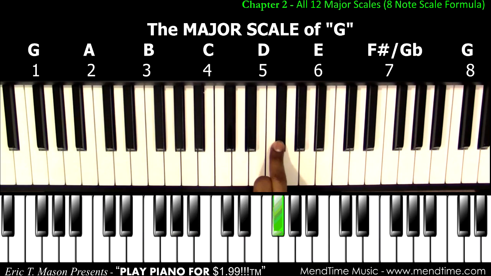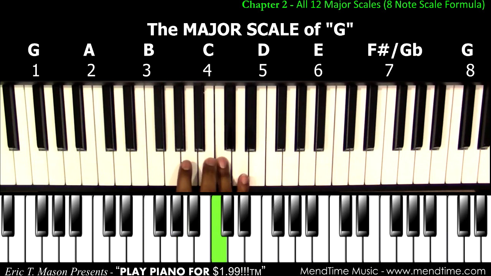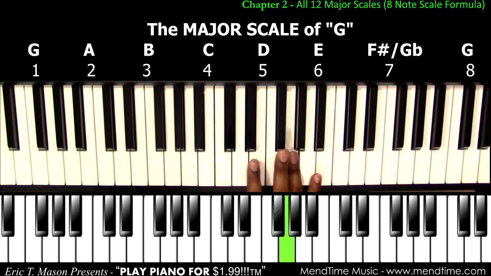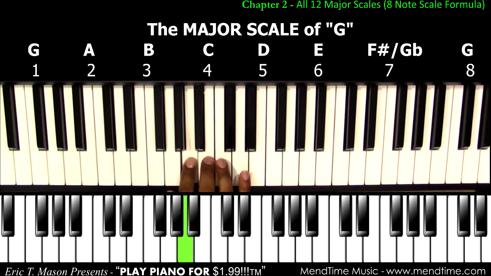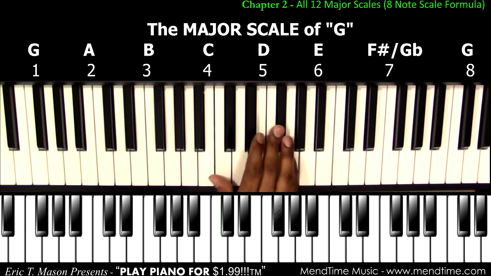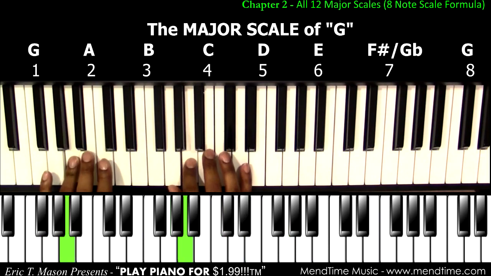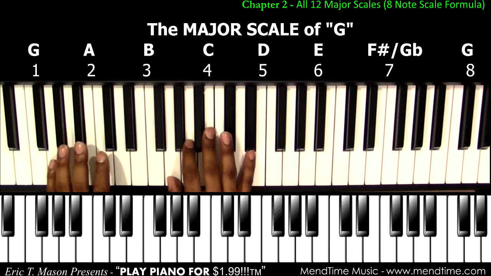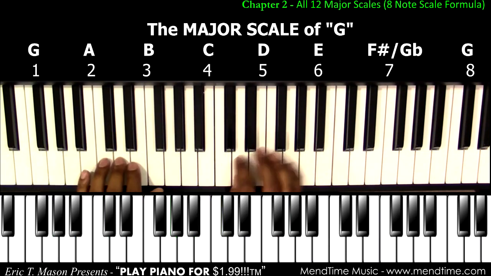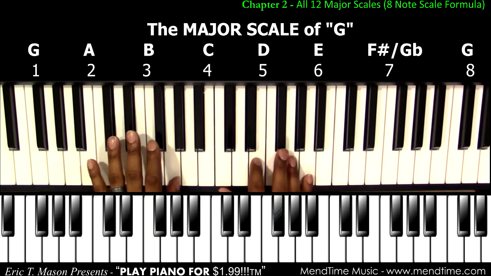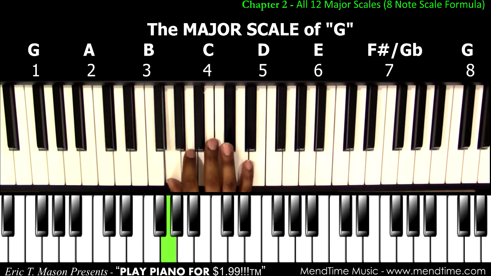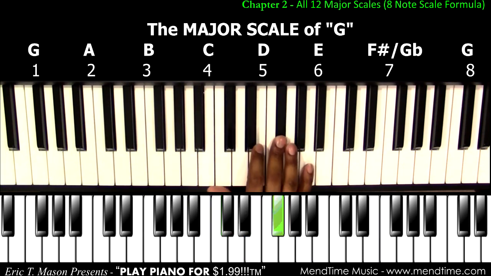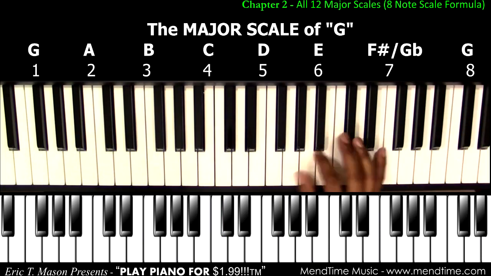1, 2, 3, 4, 5, 6, 7. Now the key of G has 1 sharp or flat, and that's F sharp, G flat. Very simple, up and down.